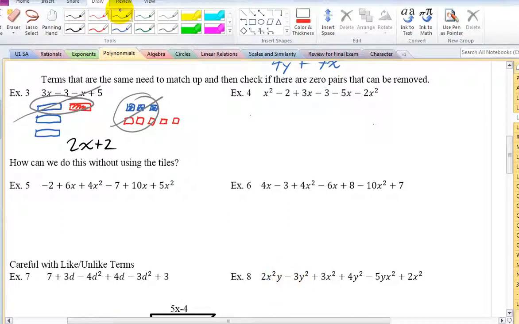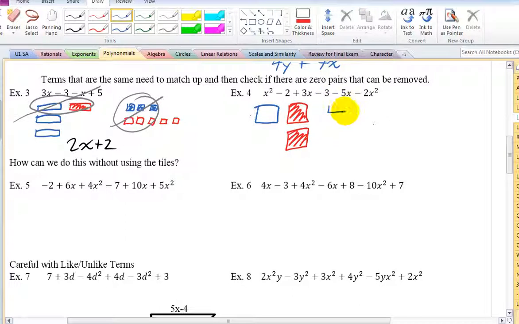Okay. Next one, go ahead. Draw your x squareds. What do you want to draw next? Yeah, draw the x's.